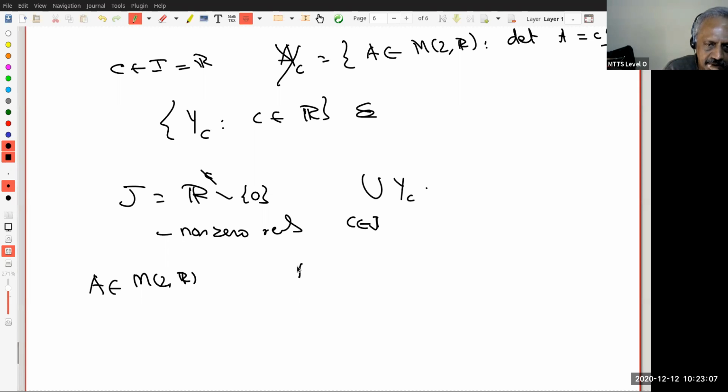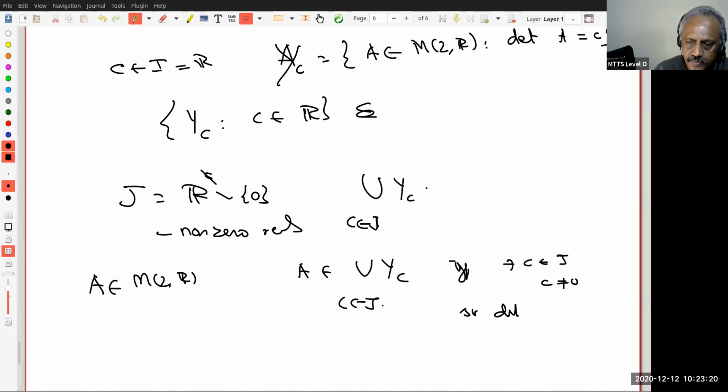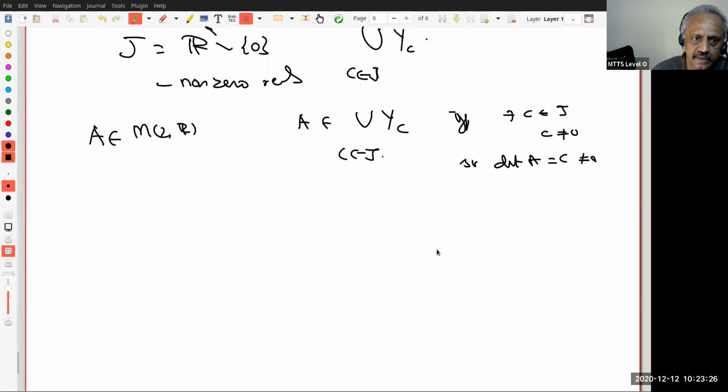When does A belong to the union? If and only if there is a C in J, that means a real number C not equal to 0, so that determinant of A equals C. In particular, determinant of A is non-zero, right? So what is the conclusion?